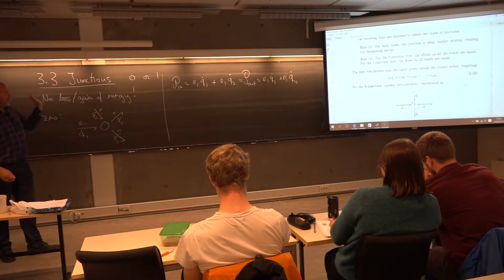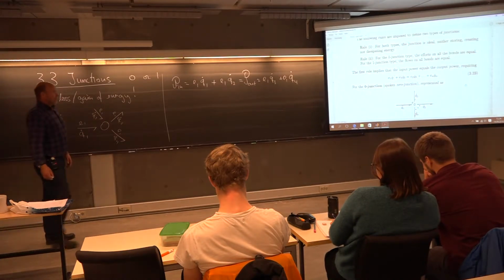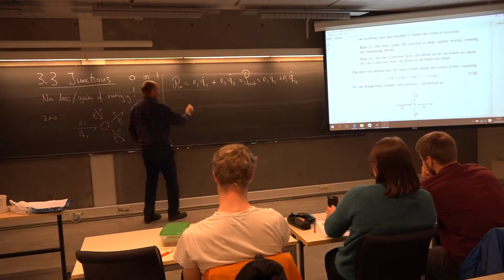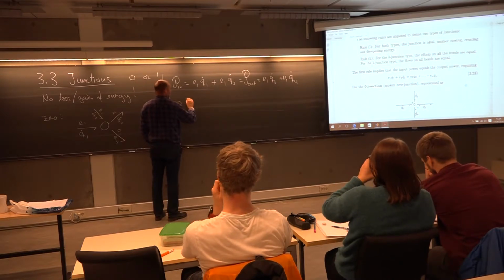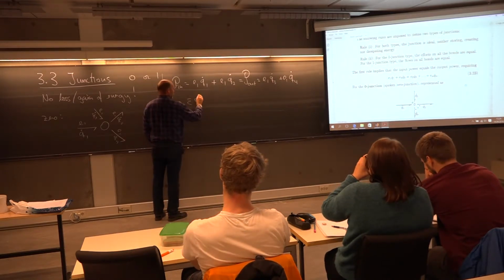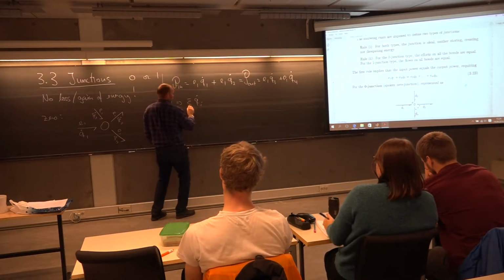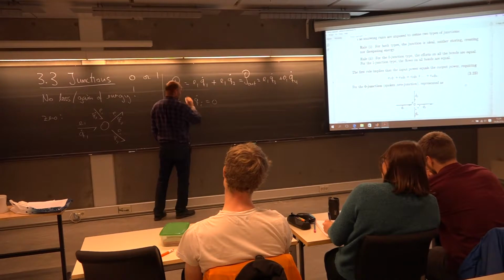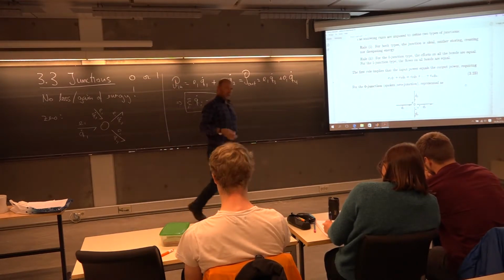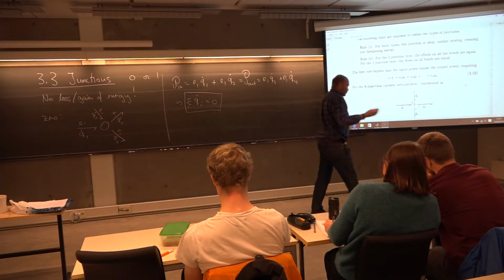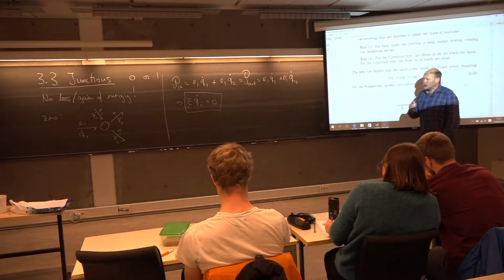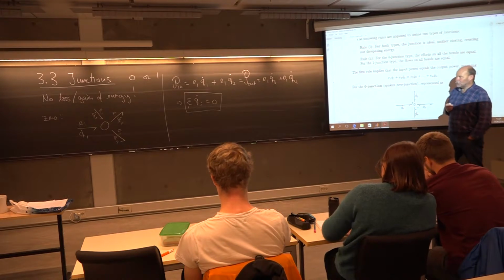So you can divide by E1 and then see that the sum of all the flows Q dot i, sum over all i, is equal to 0. So in other words, what flows in equals what flows out. That's a 0 junction.